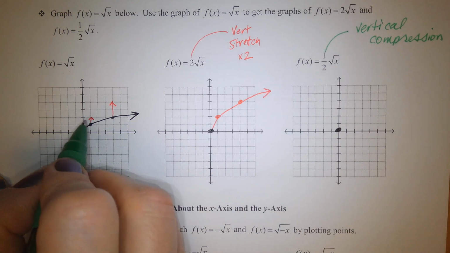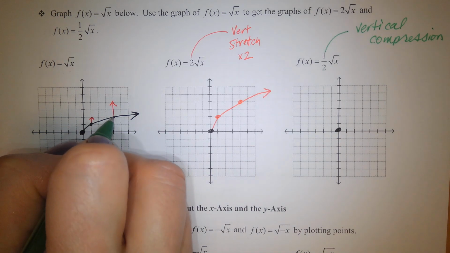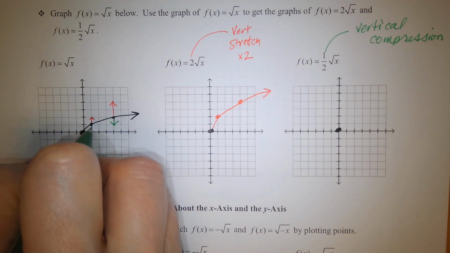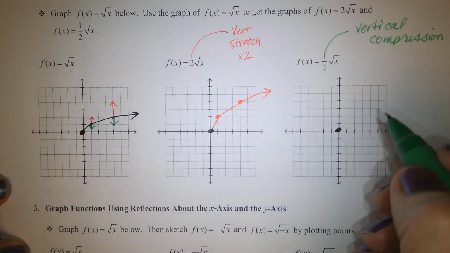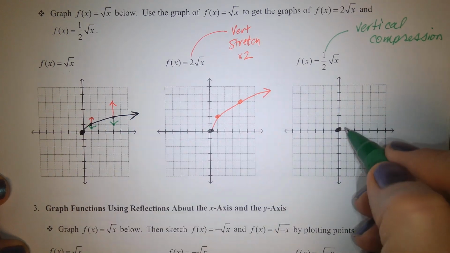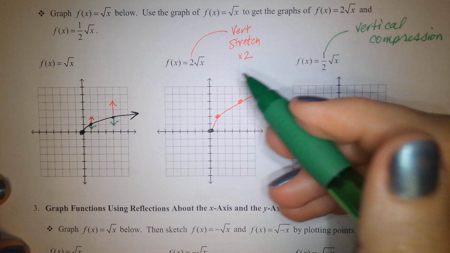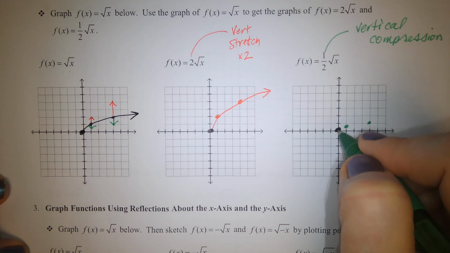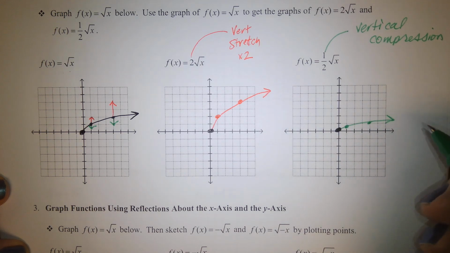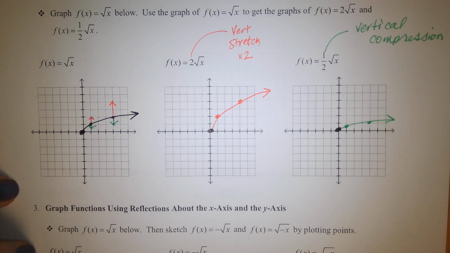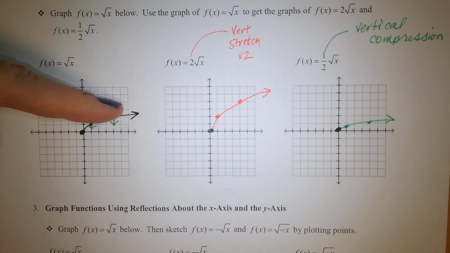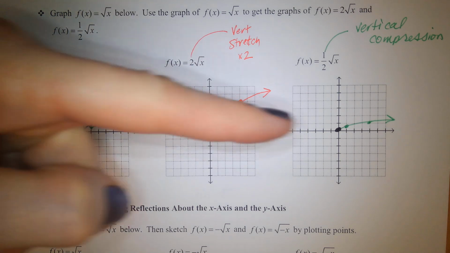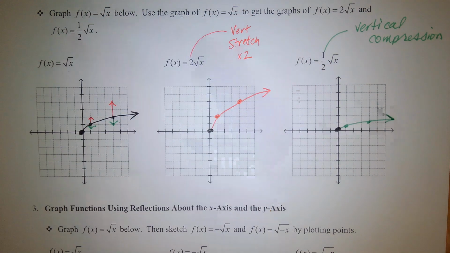So we're going to take each of these points and compress them down to half its size. So this point is now at 1/2 and this point is now at 1. So you can see it is a very short graph because all of these points have been compressed down, creating a much flatter graph.